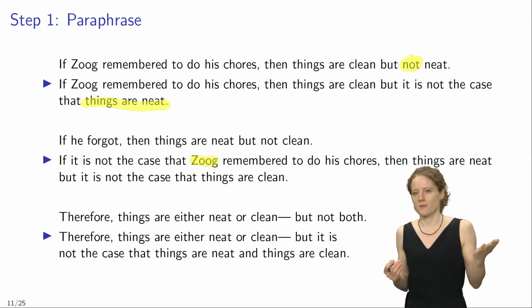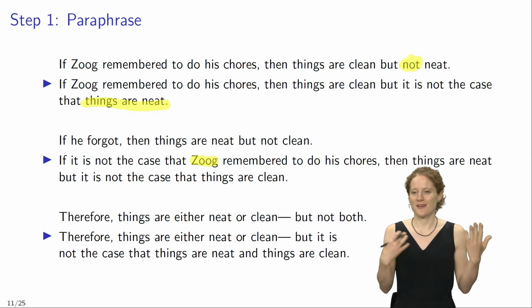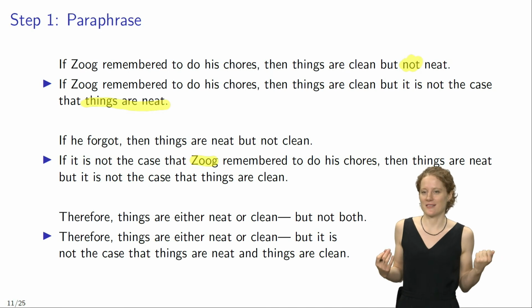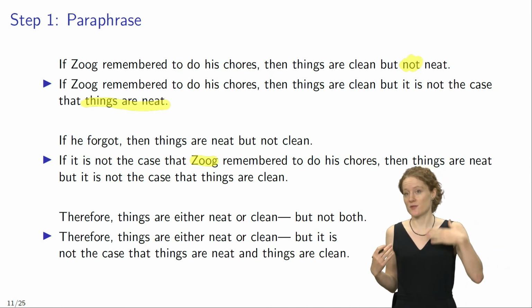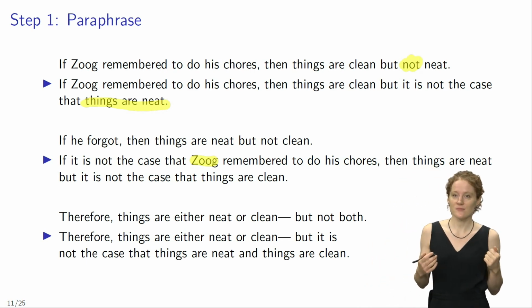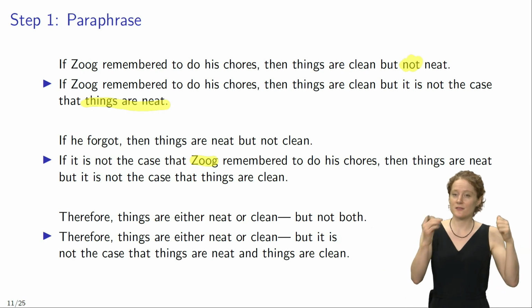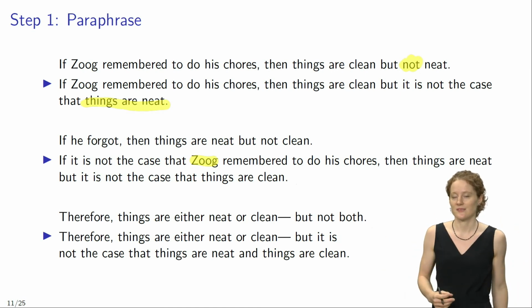And since we used the word remembering in the first sentence, I replaced forgetting by means of the phrase, it is not the case that Zug remembered, just to make the logical connection between the first sentence and the second sentence transparent. So I paraphrased the part of the sentence, if he forgot, by means of the longer sentence, if it is not the case that Zug remembered to do his chores.